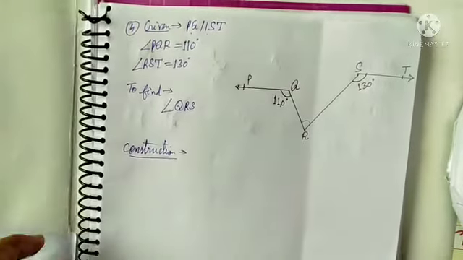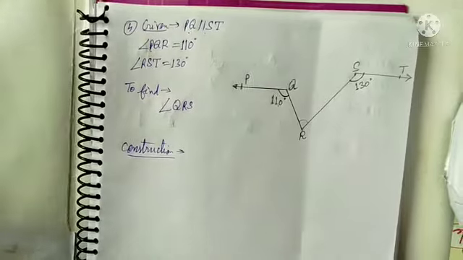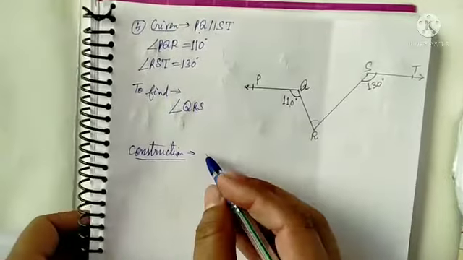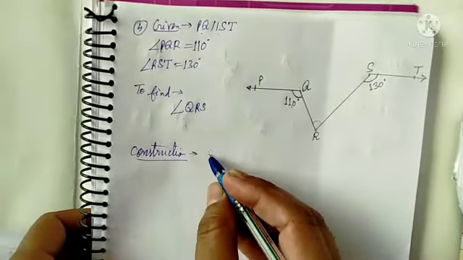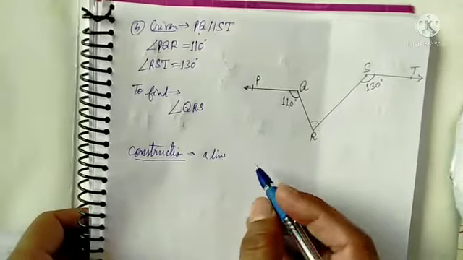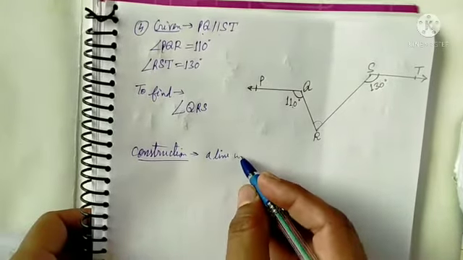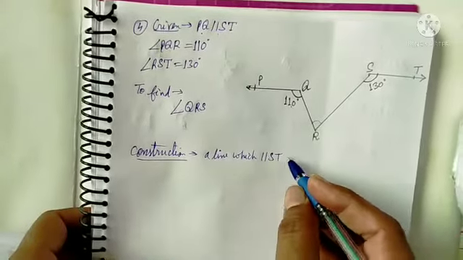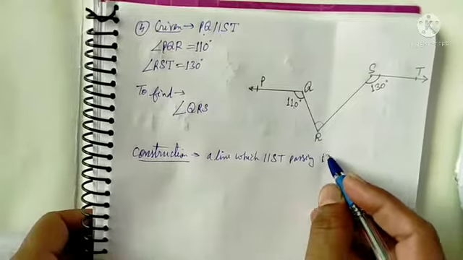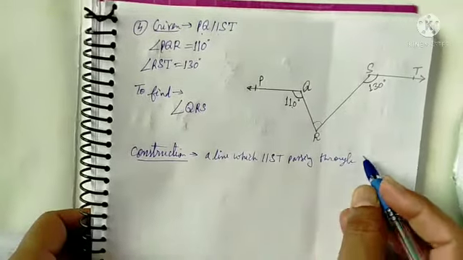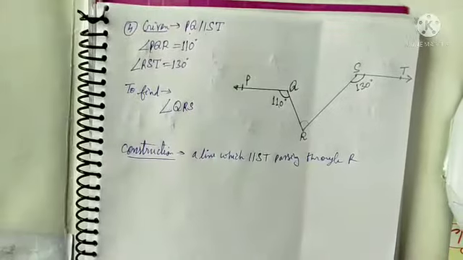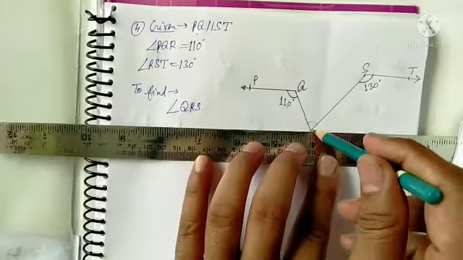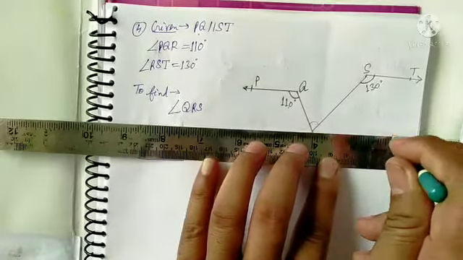How to do? Students, we need one small construction in this question. What to do? We have to construct one line which is parallel to ST passing through R. Look, one line we can draw that is parallel to ST, or you can say PQ also.